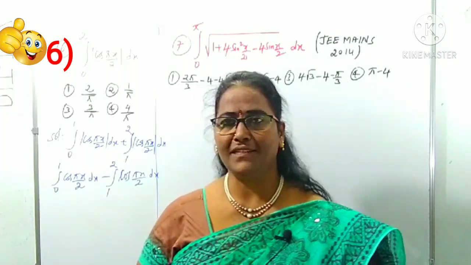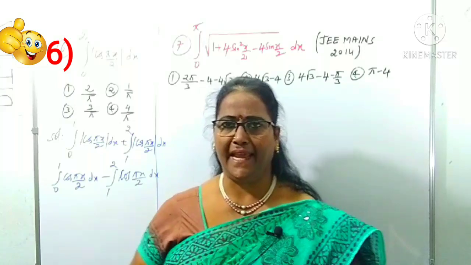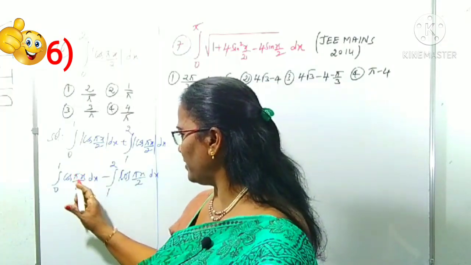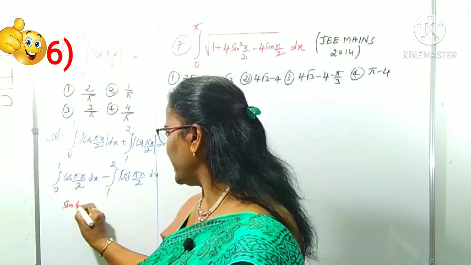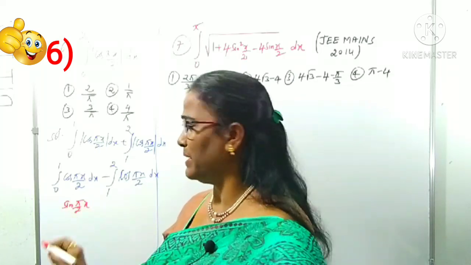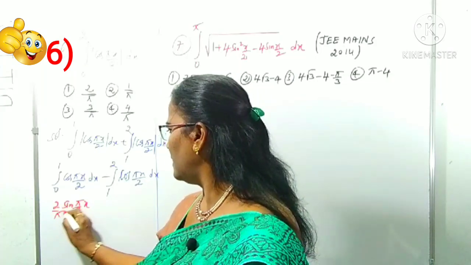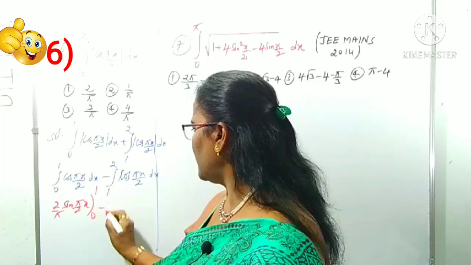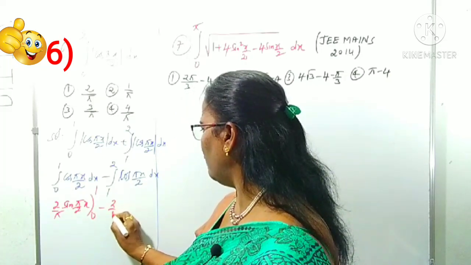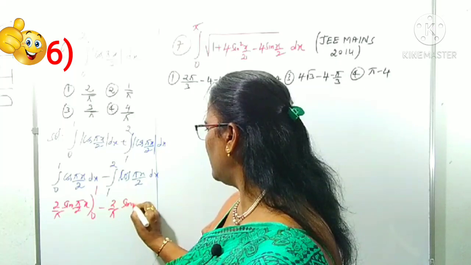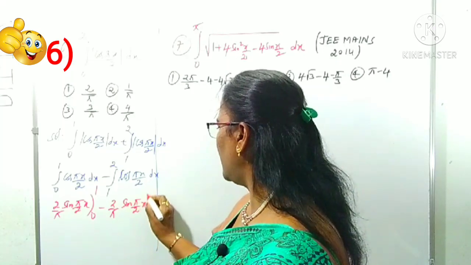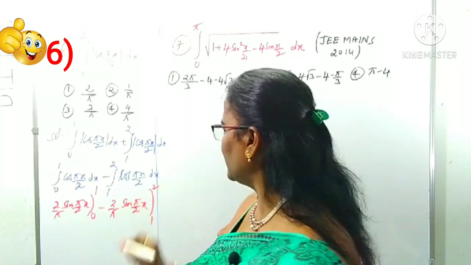What is the integral of cos pi x by 2? You know the integral of cos ax is sin ax by a, with pi by 2 in place of a. So sin pi by 2 of x by pi by 2 becomes 2 by pi, limits 0 to 1. Here also the same, 2 by pi of sin pi by 2x, now apply the limits 1 to 2. Right?